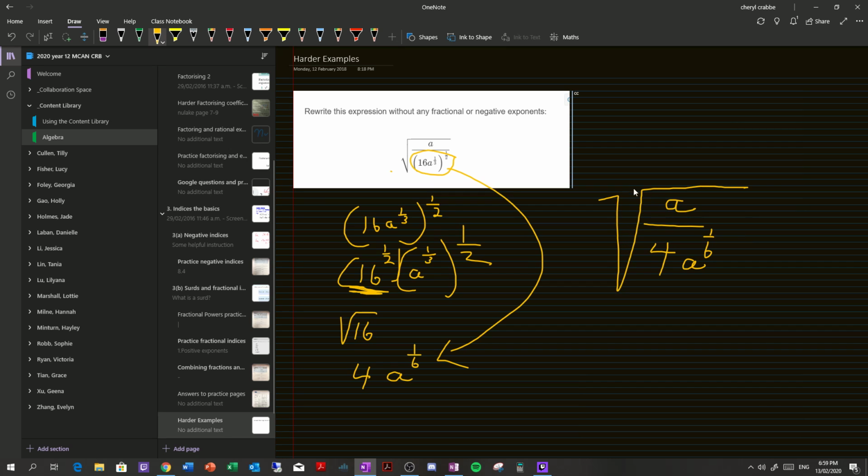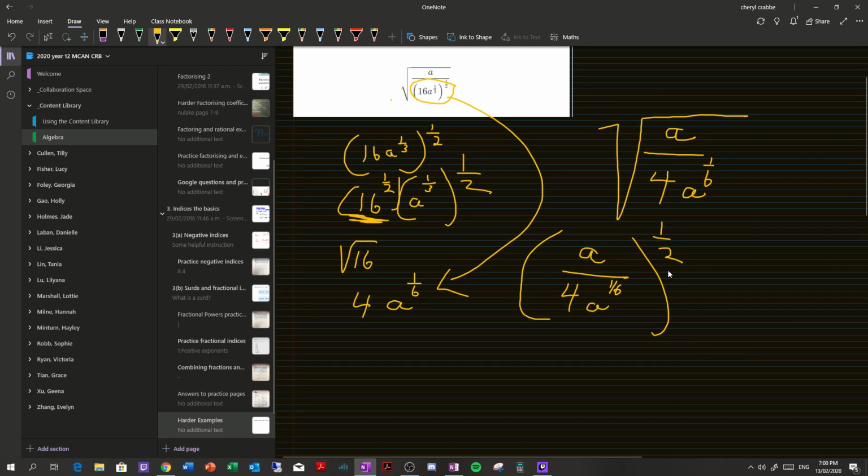Okay, now we still have work to do, so what I'm going to do next is take this square root sign and turn it into a fractional indice. So I'm going to take the a inside over 4 a to the 1/6, and I'm going to put it all to a half. Instead of using the square root sign, I'm going to use 1/2. Now that 1/2 gets applied to everything inside here, right?